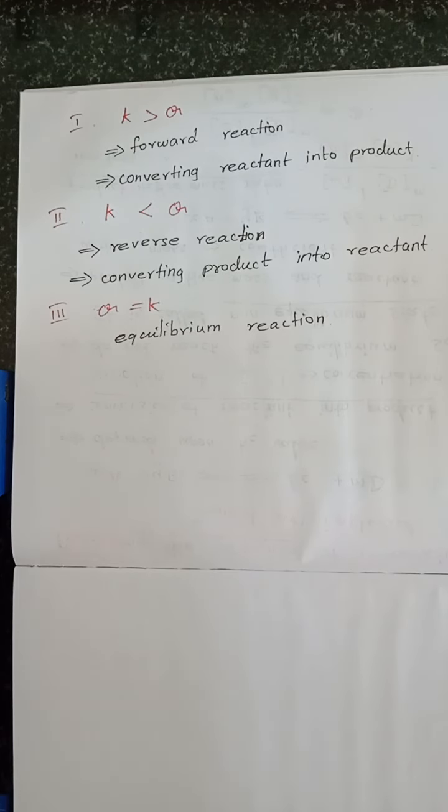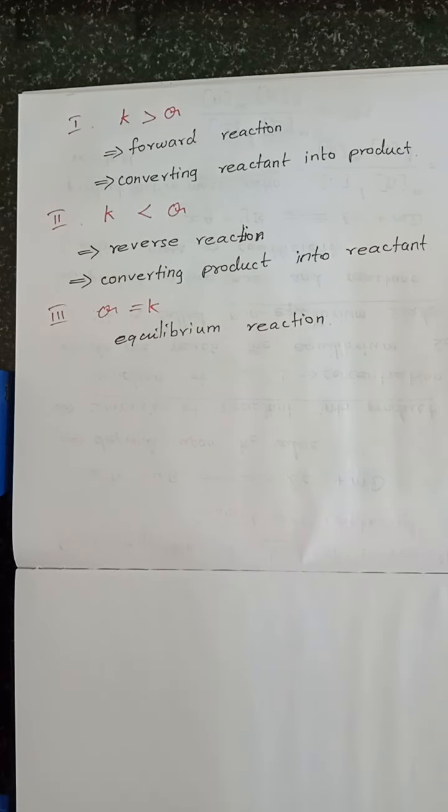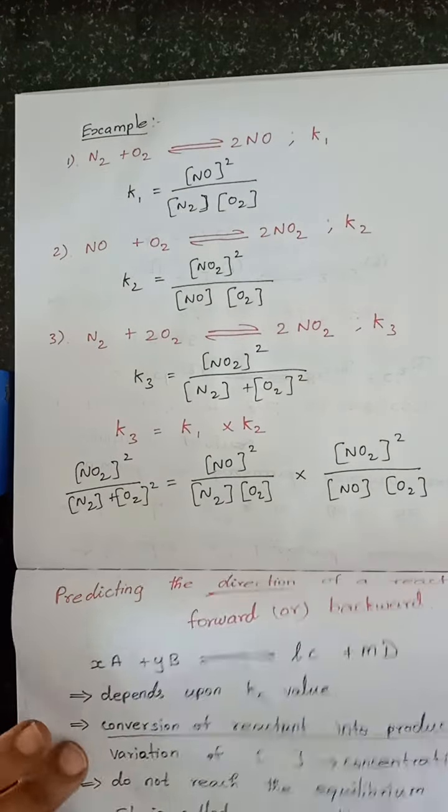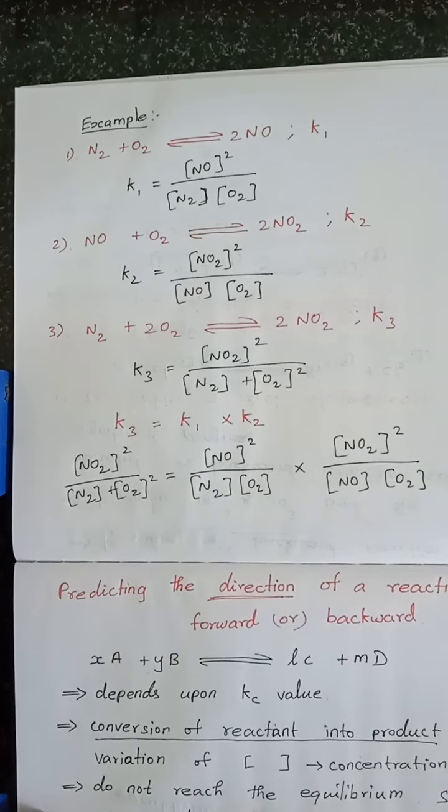In predicting the extent of the reaction there are three cases: Kc greater than 10 to the power 3, Kc less than 10 to the power minus 3, and Kc between 10 to the power minus 3 and 10 to the power 3. The next topic is predicting the direction of a reaction.